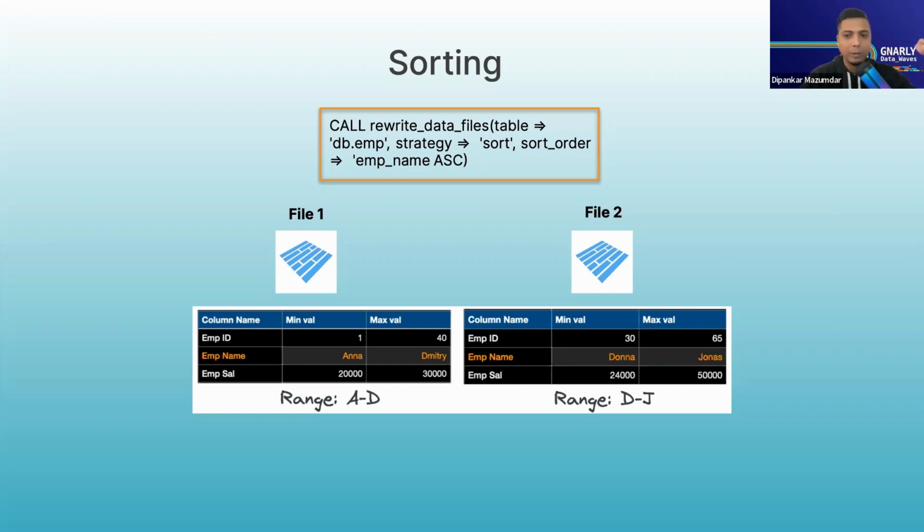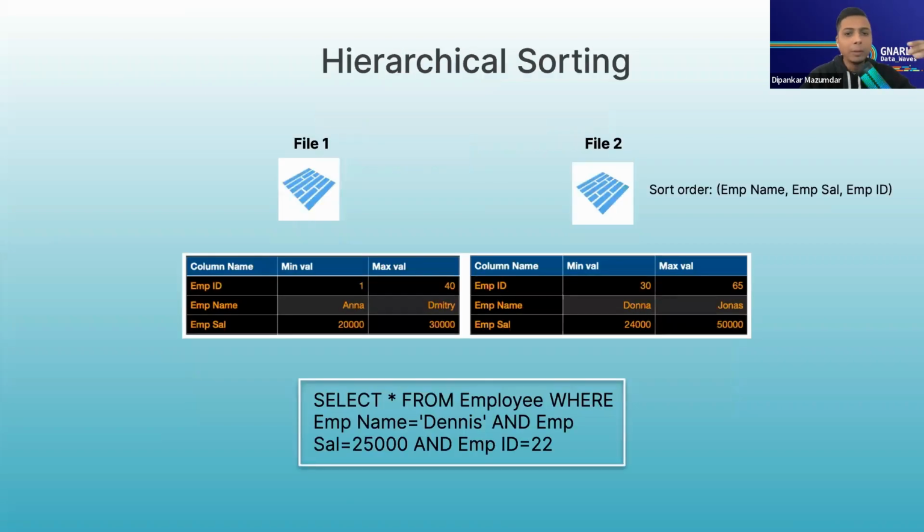And if you have a query with a filter on all of these fields, for example, select star from employee where employee name equals Dennis, employee salary equals 25,000, and employee ID equals 22, the engine will compare the min-max ranges of each of these columns to filter the files. So that's good when you sort using multiple columns and you have filters on all of the sorted columns.